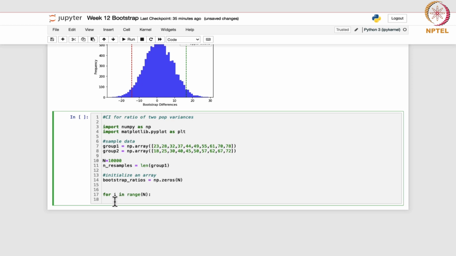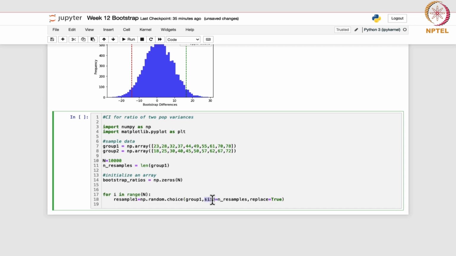For each bootstrap sample, we are going to take a sample, so resample with replacement, using np.random.choice. Here the first argument would be the group that you have, then the size would be the same as the resample size that you have written over here, and then you will write replace=True, which basically means that we will be doing sampling with replacement.